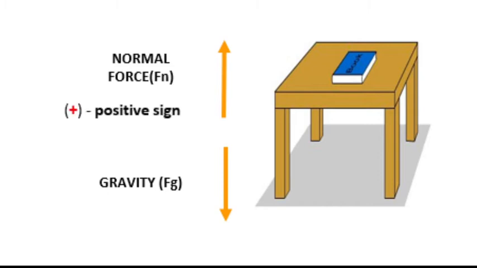Like in the case of a book lying on the table, the force of gravity and normal force are assigned opposite signs. Normal force is given a positive sign, while gravitational force is given a negative sign.